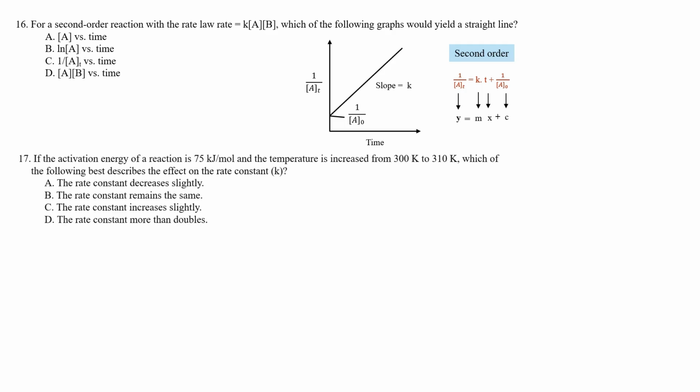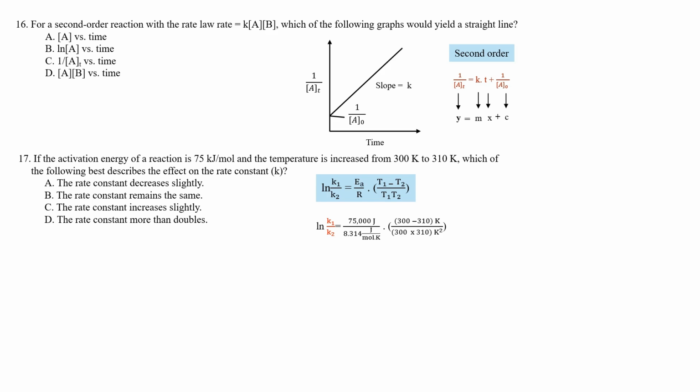Next question. If the activation energy of the reaction is 75 kilojoules per mole and the temperature increased from 300 Kelvin to 310 Kelvin, which of the following best describes the effects on rate constant K? This is the Arrhenius equation after we rearrange for two different temperature values.